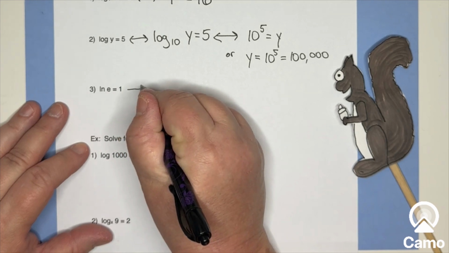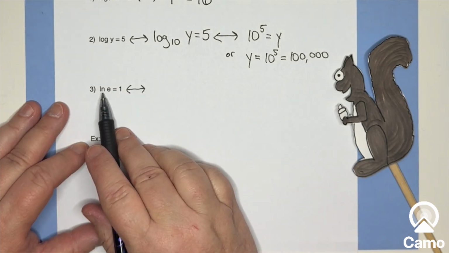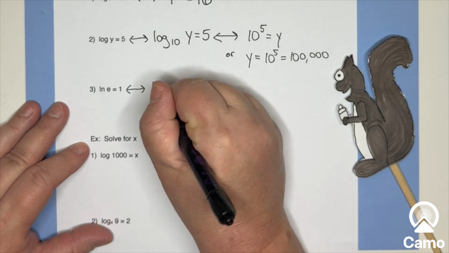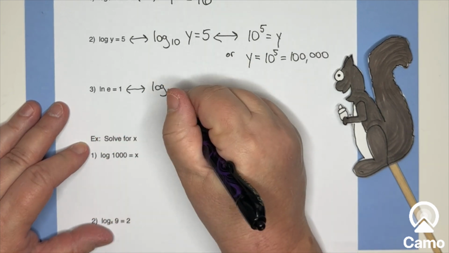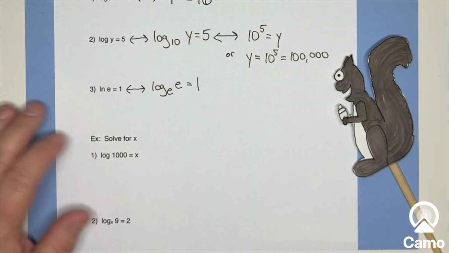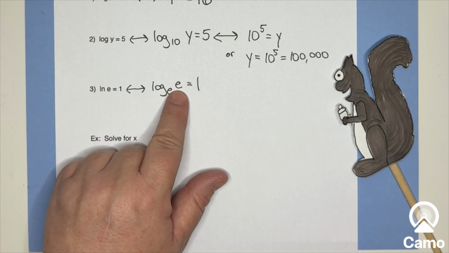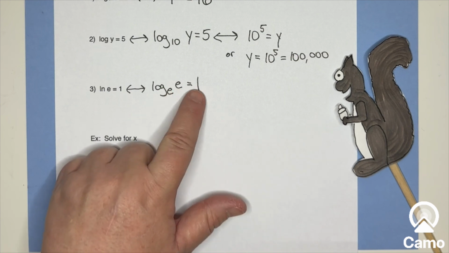So, natural log. This one I have to remember to write as a logarithm. Log base e of e equals 1. Now, that might look a little bit confusing, but let's think about what a logarithm does. It counts. How many e's in e? Well, just 1.